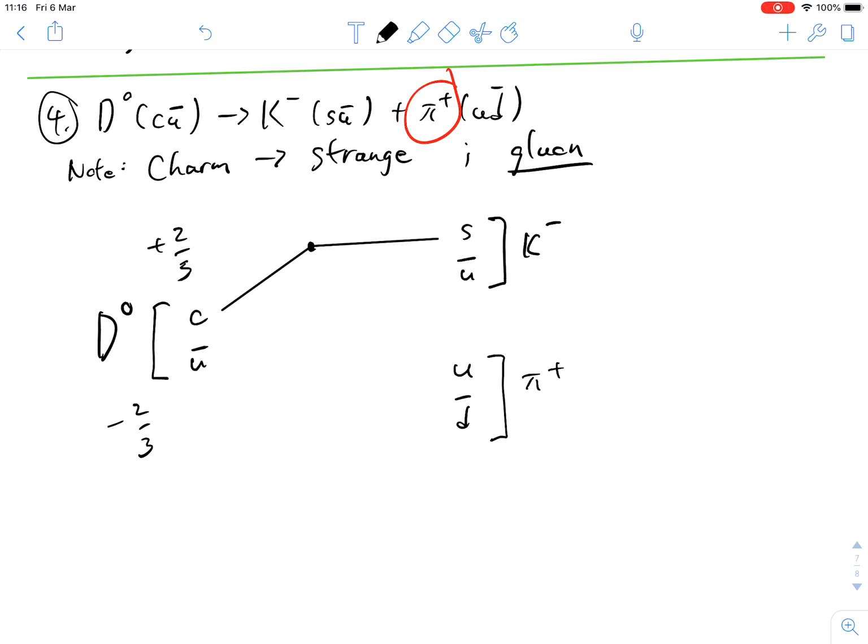So strange is minus 1/3. So it's giving away a positive, isn't it? Right? It's giving away a positive to become negative. Now, when it gives away a positive, again, it usually spawns two particles, a particle and an antiparticle.